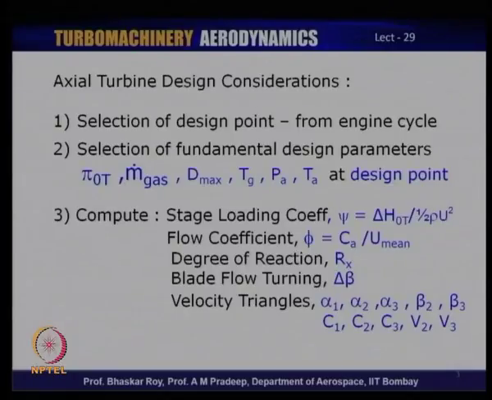Corresponding velocities C 1, C 2, C 3 and then the relative velocities V 2 and V 3 across the rotor. This would be first done at the mean. That is where the design needs to be first initiated.